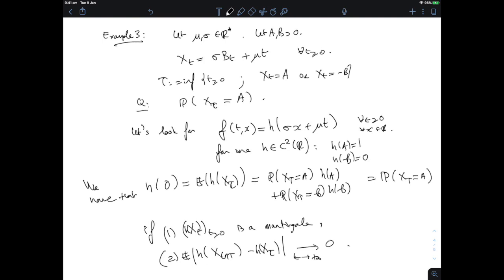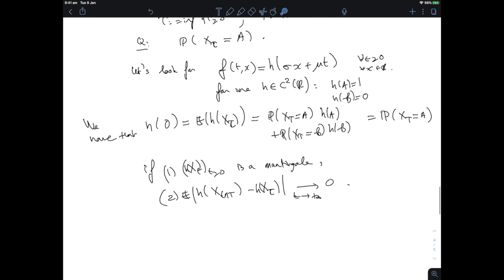Okay, so the point is to find an h such that f of t, x defined like that gives me a martingale. So what do I need?